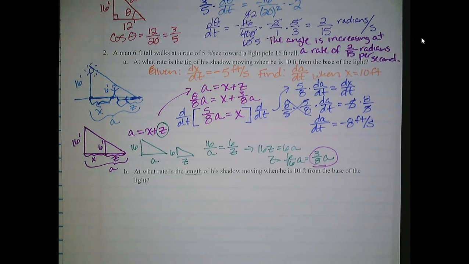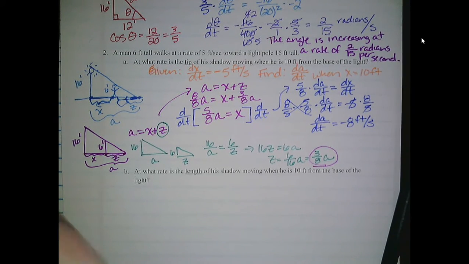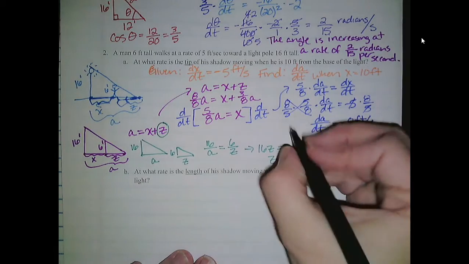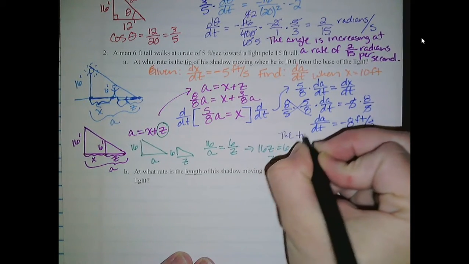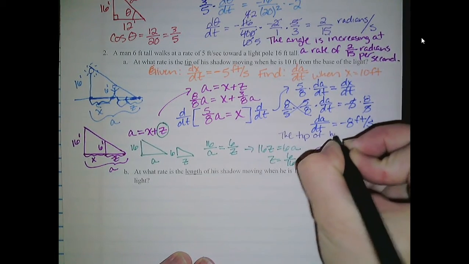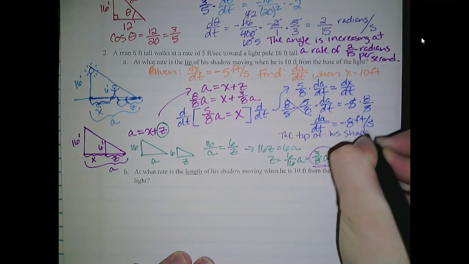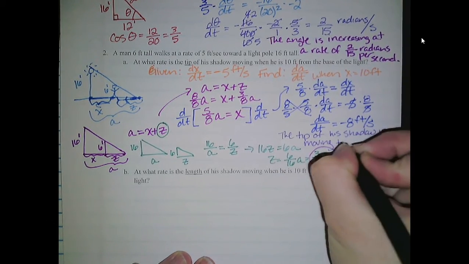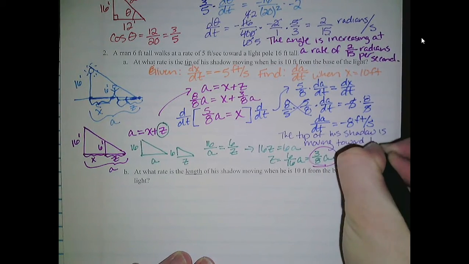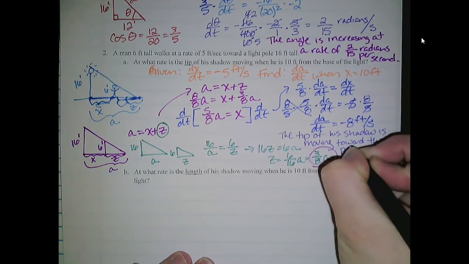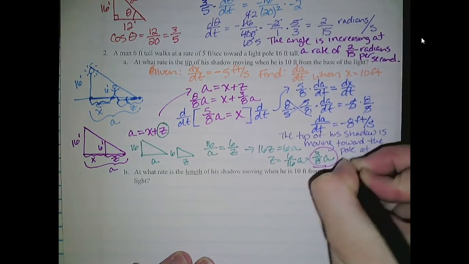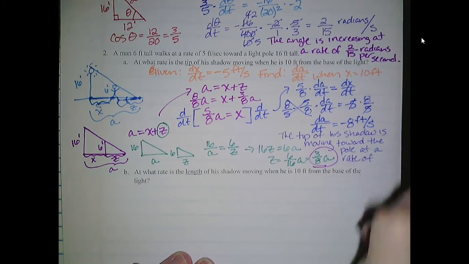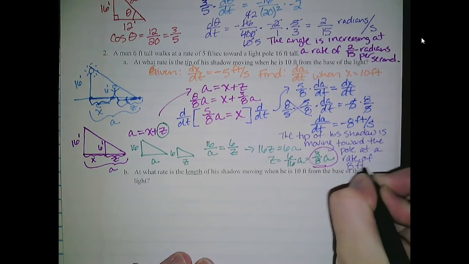So I'm just going to write that out real quick. The tip of his shadow is moving toward the pole at a rate of 8 feet per second.